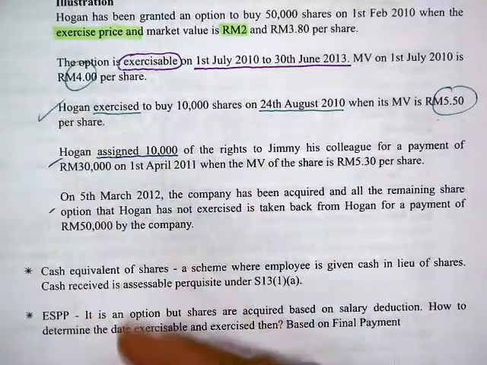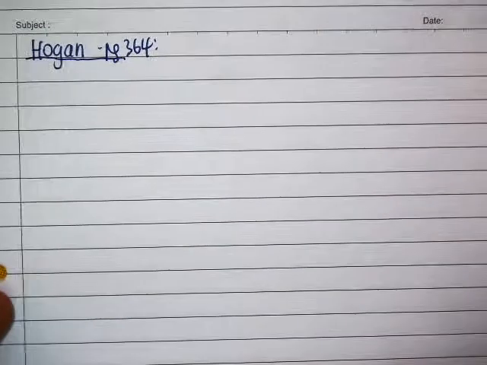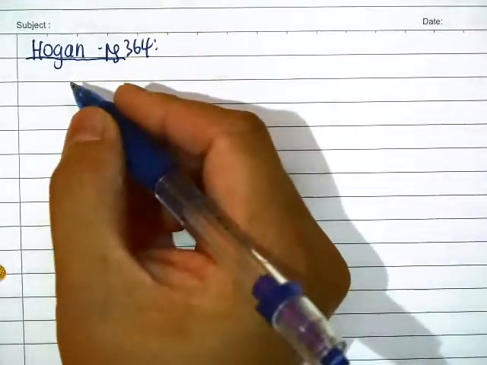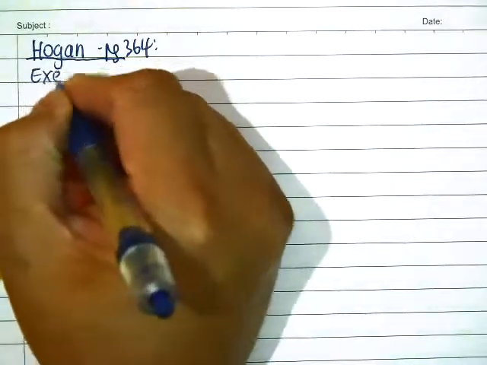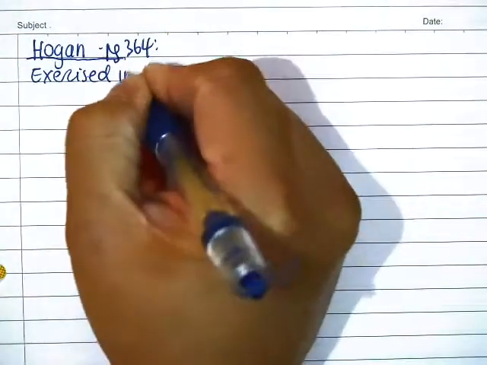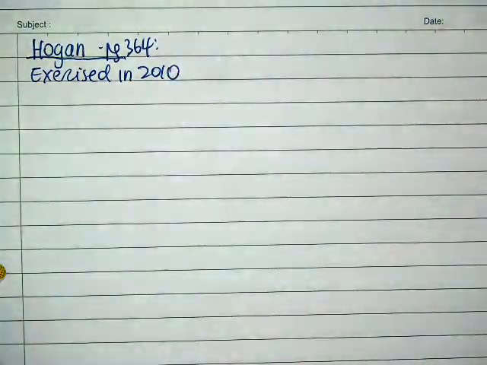So the first issue that we're going to see here has to do with Hogan. Okay, now we look at the one that he exercised in 2010.